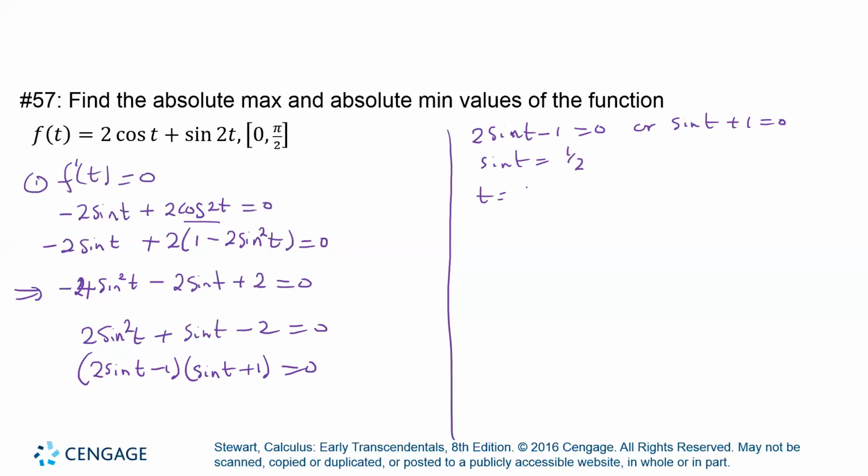So t is equal to the sine inverse of 1/2, which will give us pi over 6. Now, on this side, you have sine t equal to -1, and t is equal to the arc sine of -1, which will give us 3 pi over 2, because sine of pi by 2 is 1, and that's the 90 degrees and 270 degrees.